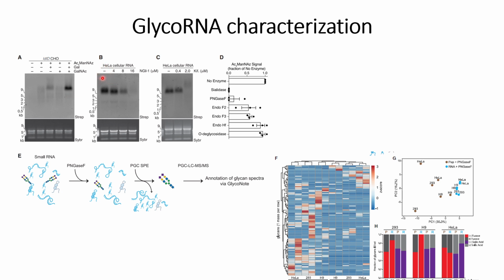We can see that when there is no NGI, there is a high amount of GlycoRNA formation. However, with an increase in the amount of NGI that inhibits OST, there is a decrease in GlycoRNA formation. This shows that OST might play an important role in GlycoRNA formation.